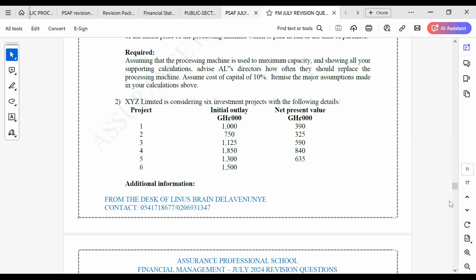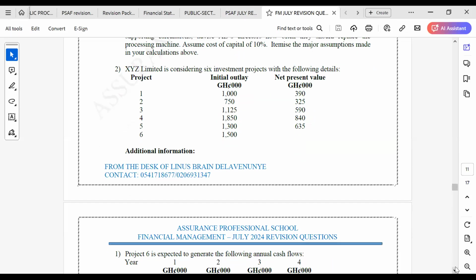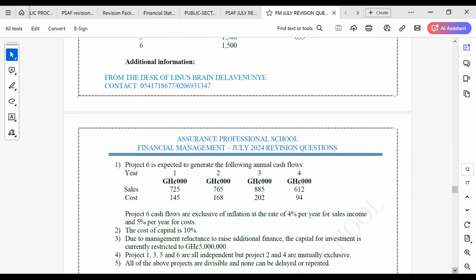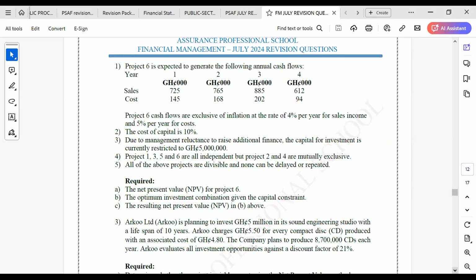We need to find the NPV for project 6. But they are saying that these ones are being given in what? The project cash flows are exclusive of inflation at a rate of 4% for sales income and 5% for the cost.